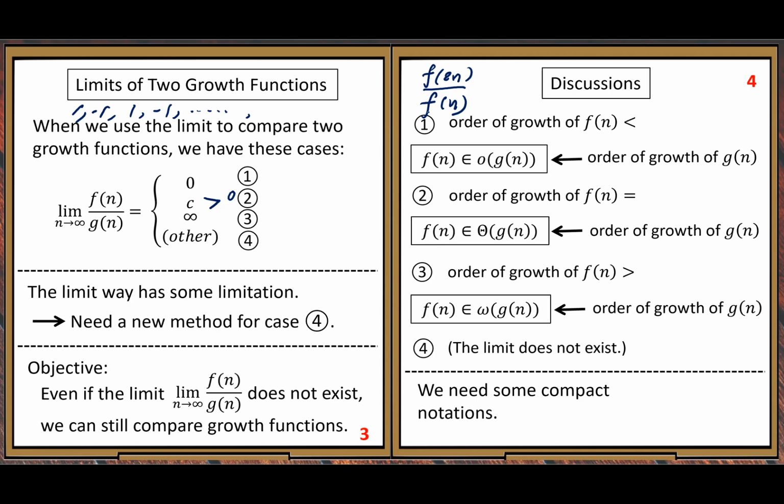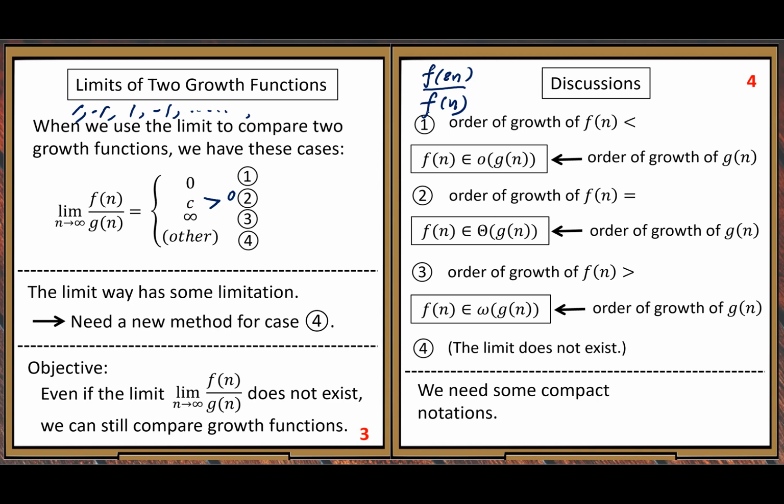Let me explain a little more about these three notations. These three are our most important asymptotic notations.